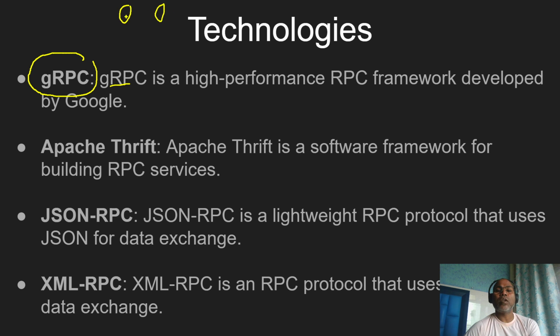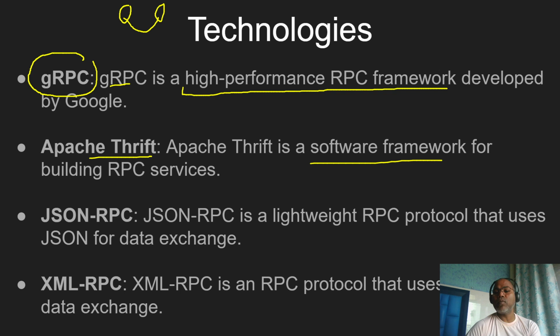So how do these microservices internally communicate with each other? Generally, for inter-microservice communication, a very preferable choice nowadays is the gRPC protocol, a very high performance RPC framework developed by Google. Apache Thrift is also a software framework for building RPC services.